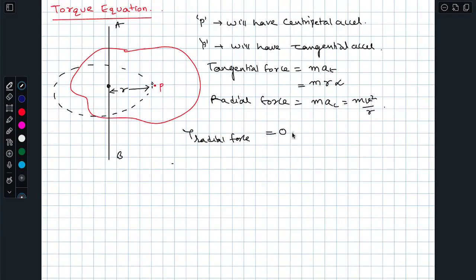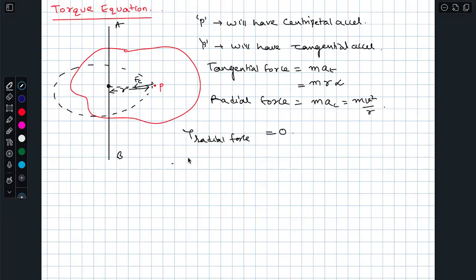I said the torque of radial force is always 0. Varun, why? Yes. In fact, the radial force will intersect the axis of rotation, so it will not contribute any torque.